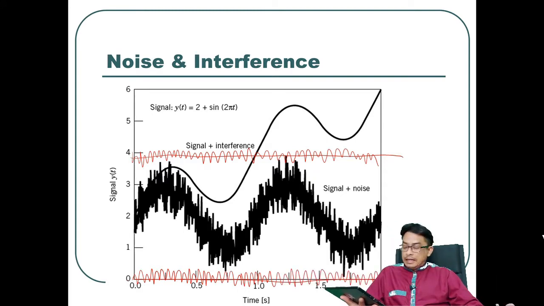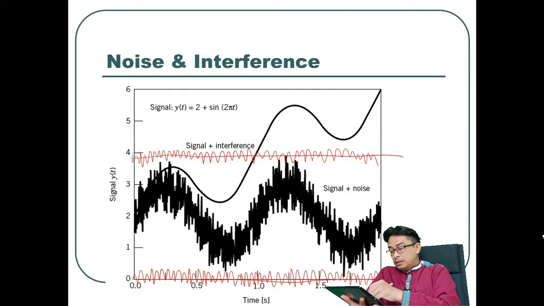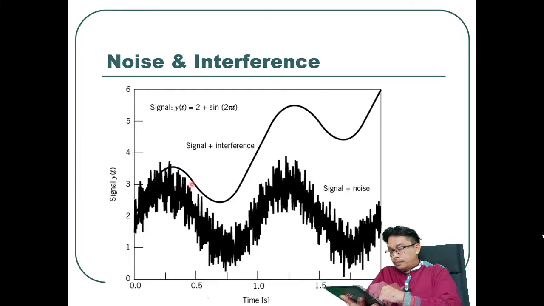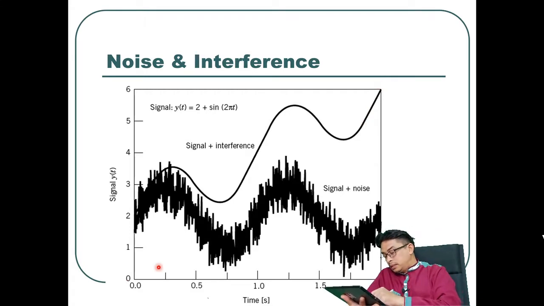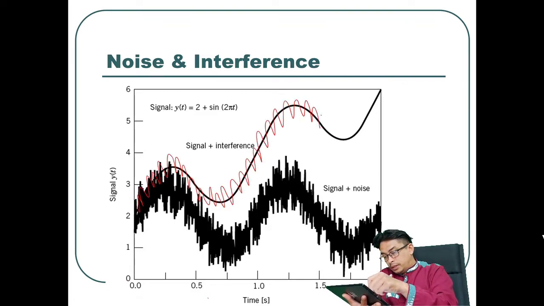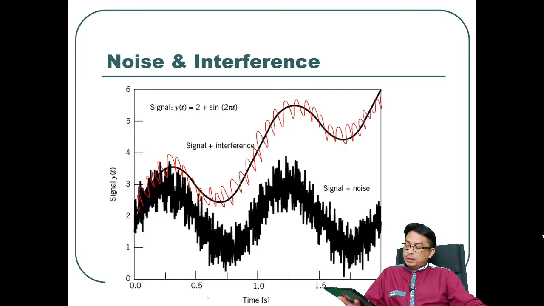But in the existence of only interference, let me delete this one, it'll be like this, and this time there's no noise in the signal. It will create some trend in the original signal. Now let's say interference happens and noise also happens. The signal will be like this. This is the effect of interference and noise inside the signal. Okay.